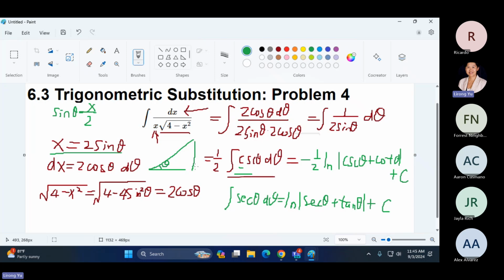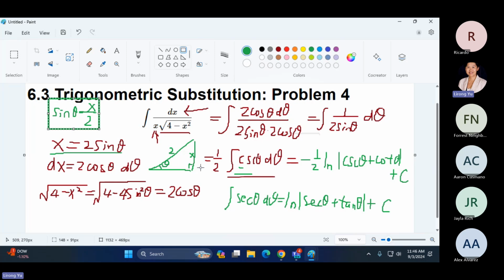In the right triangle, the opposite side of the angle is x, the hypotenuse is 2, so x over 2 becomes sine theta. We literally are representing the sine value in a triangle. Now, on the adjacent side, we label all 3 sides. If that's 2, that's x, the third side is the square root of 4 minus x squared. Often, what's in your integration question will show up also in your triangle.